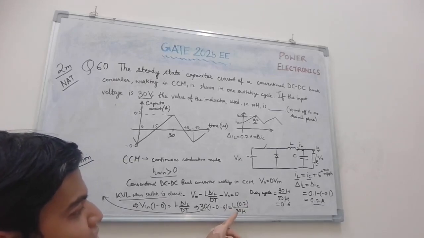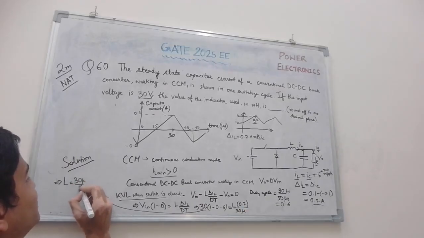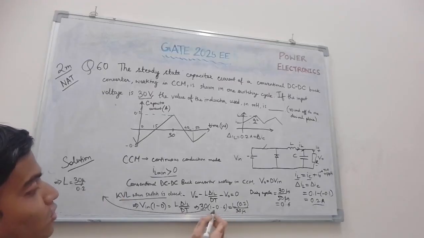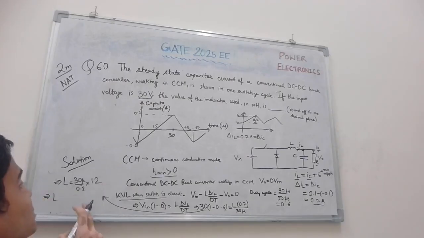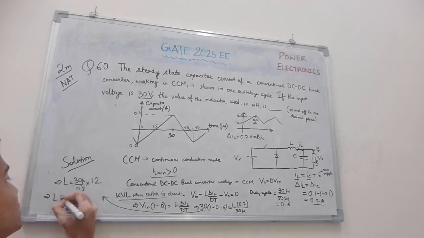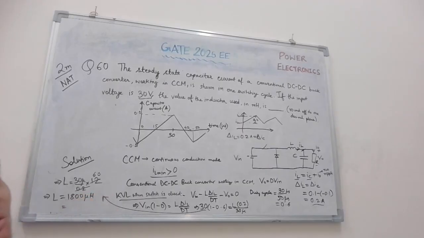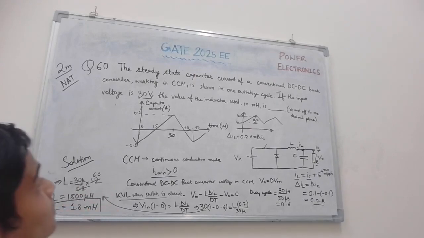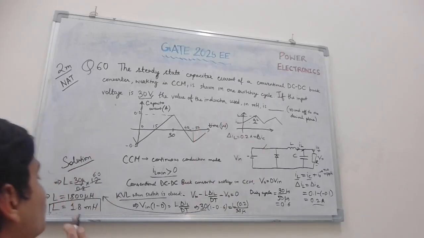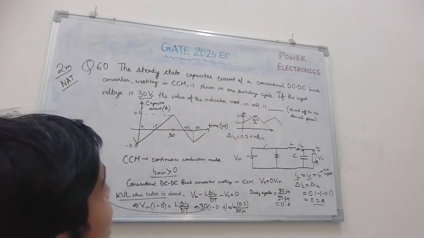Putting the values and calculating, we get about 1.8 milli-Henry. So the value of the inductance is 1.8 mH for the given steady state waveform of the conventional buck converter.